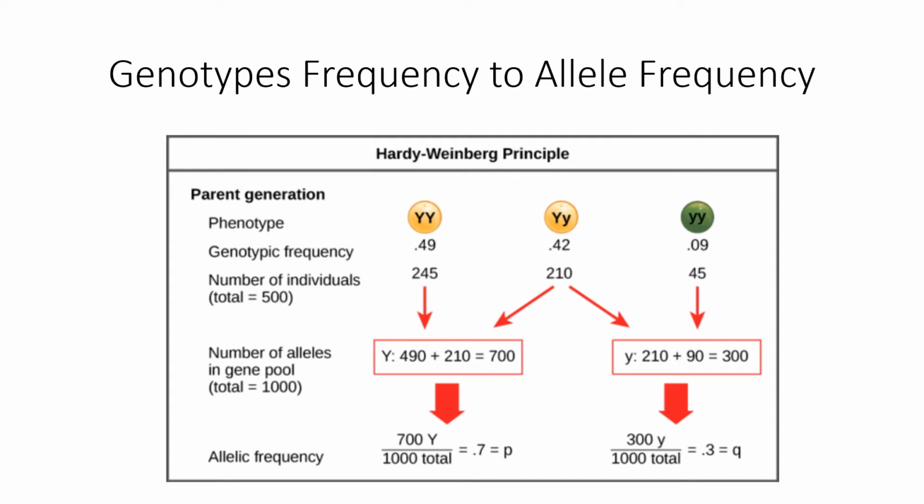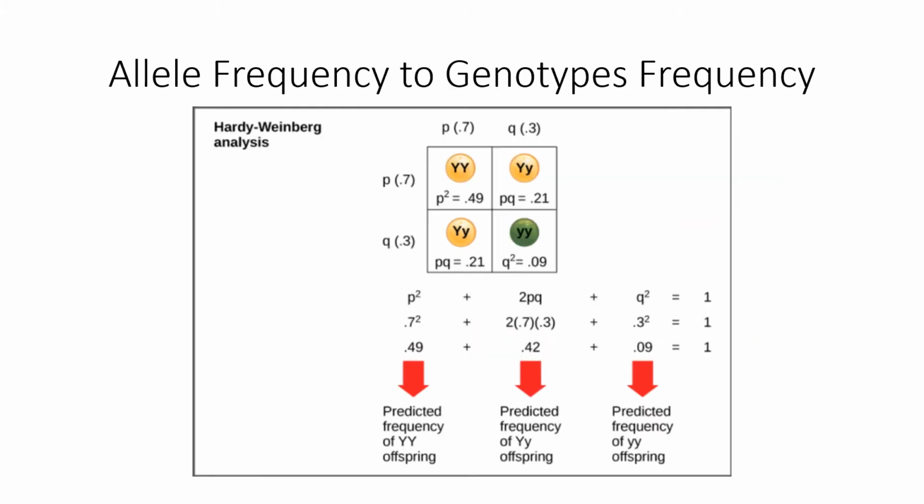As there are 500 individual organisms, and each organism has 2 alleles, there are 1,000 alleles in total. So we get 700 divided by 1,000 for the dominant, and 300 divided by 1,000 for the recessive, which gives us 0.7 for P and 0.3 for Q. Now that we have a value for P and Q, we can work backwards.